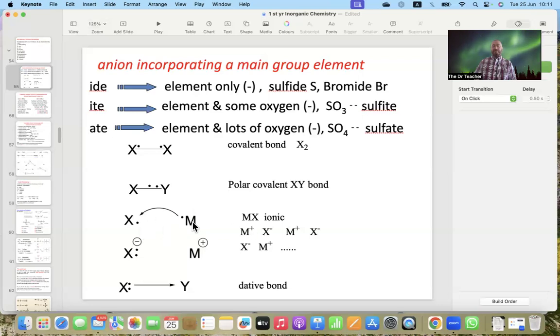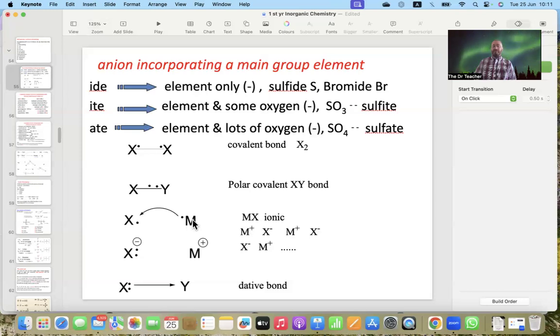Here, if there is a metal, the metal loses electrons to give them to the halide or the halogen, and then the halogen will be fully saturated, whereas the metal will be stable with no more single electrons. So here it will be ionic when there's a metal, like NaCl.